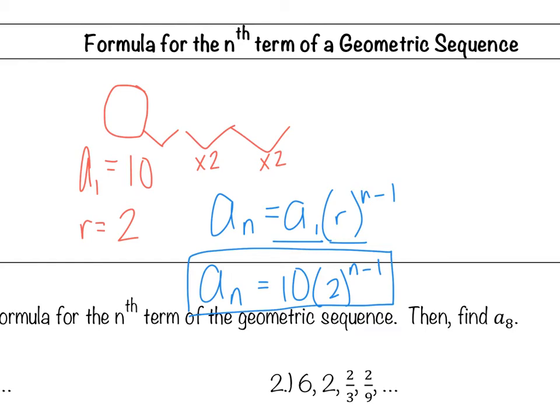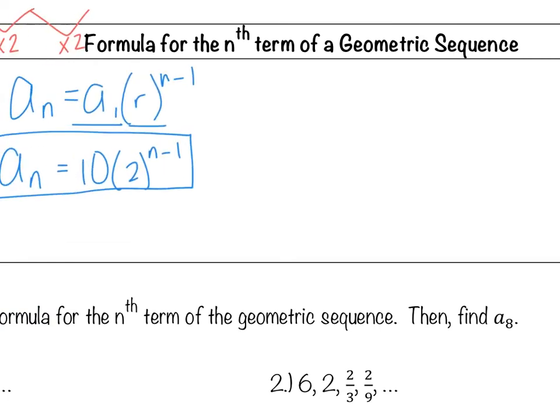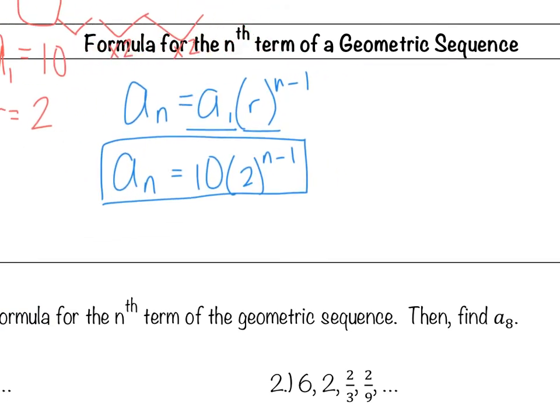Now it does ask for a sub 8, so it wants you to find the 8th term. Remember, this is the same thing you did with arithmetic sequences. I just plug it in: 10 times 2 to the 8 minus 1. You're going to need a calculator here.